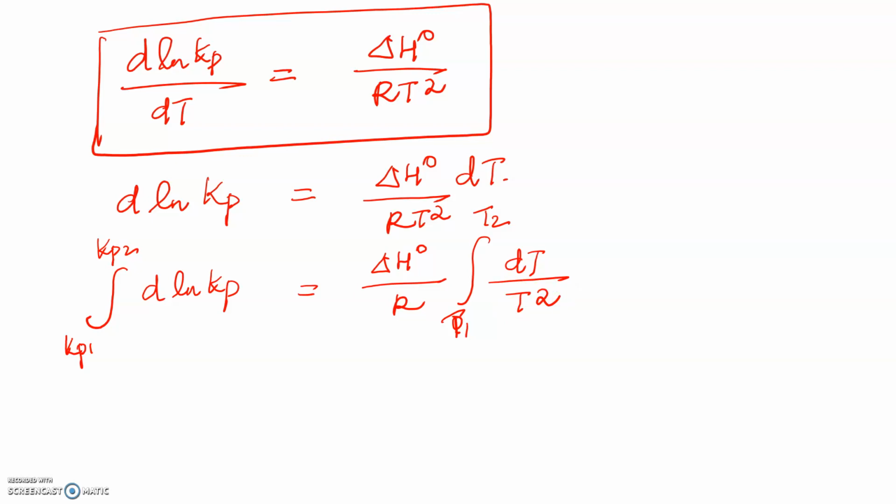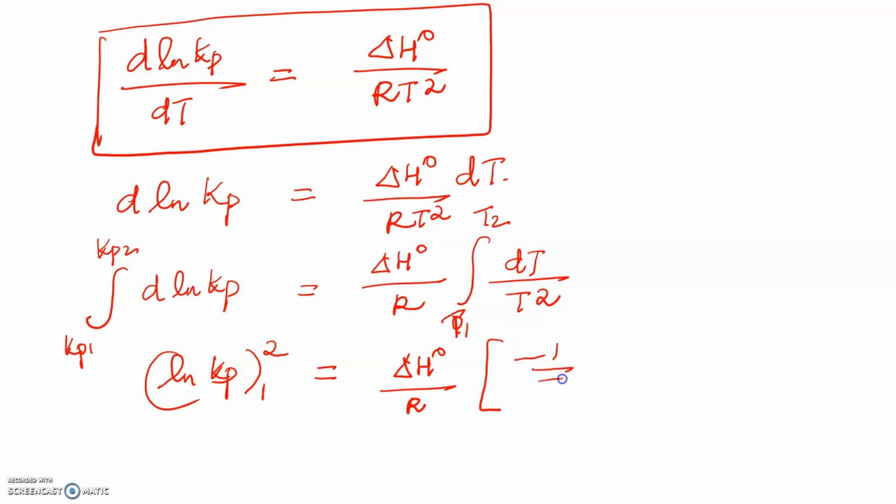This can be integrated as ln Kp between limits 1 and 2 is equal to delta H0 by R into the integral of dT by T squared, which is minus 1 by T between limits T1 and T2.